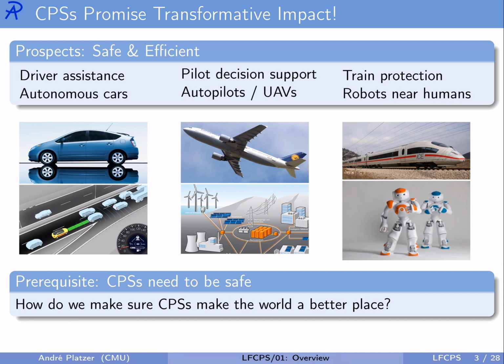This is just one example of many cyberphysical systems applications, because once you realize what a CPS is, you will find them everywhere, with prospects of improved safety and efficiency in many ways.